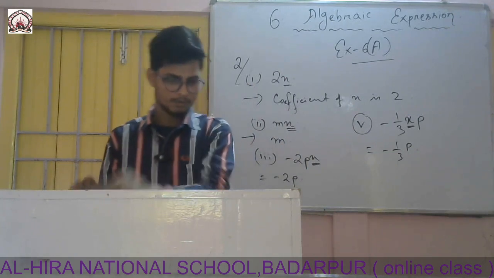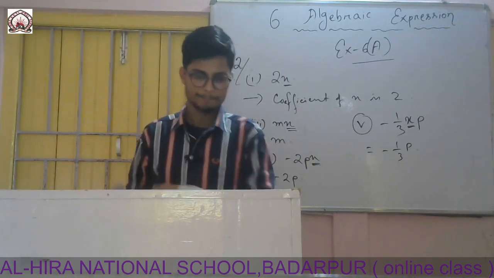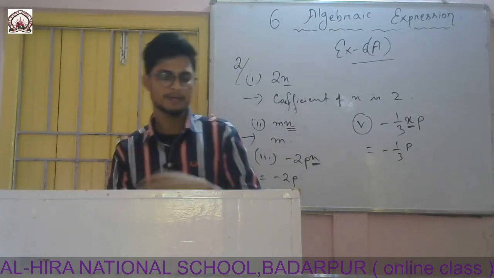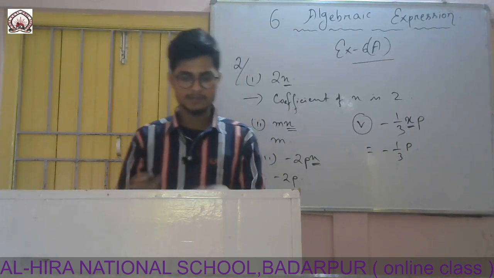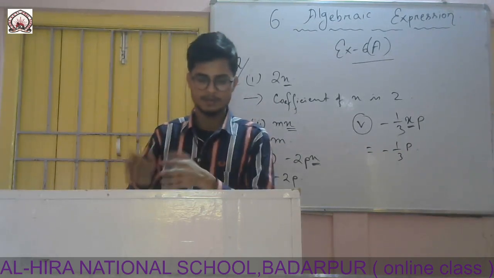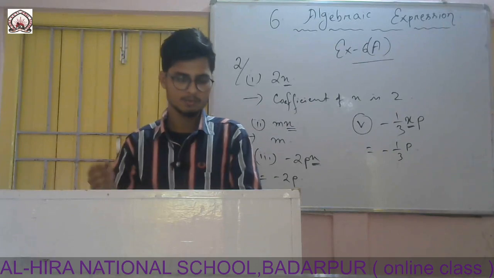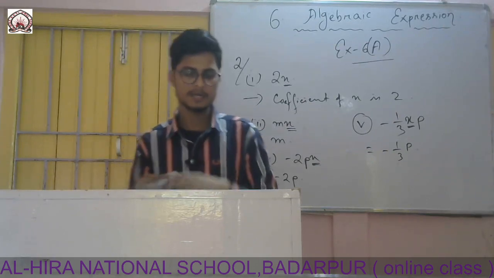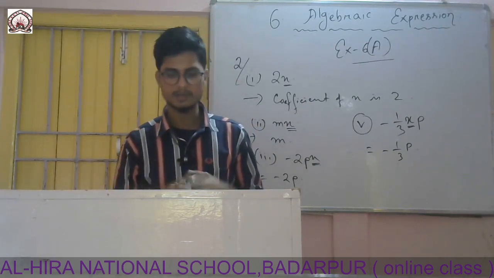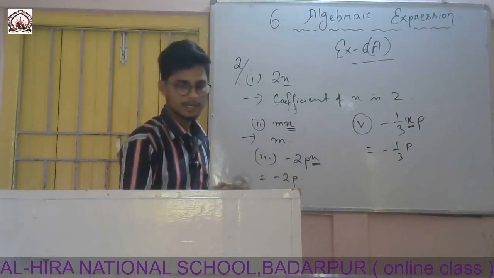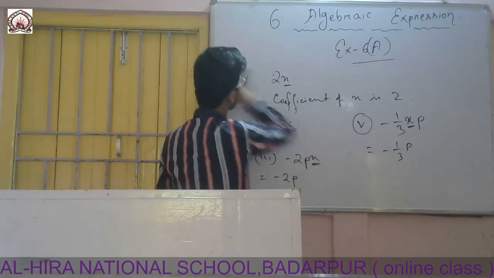So now move to question number 3. You have to write the coefficient, but here the variable is not given. So in each Roman new question, that means a new criteria is given, that here x is variable, in the next y is variable. So just by looking at the variable, you have to do this one.